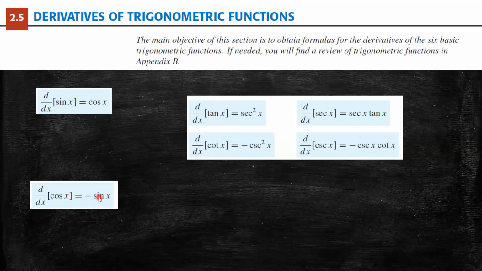The derivative of sine is cosine, but the derivative of cosine is negative sine. The derivative of tan is secant squared. The derivative of cotan is negative cosecant squared. The derivative of secant is secant tan, and the derivative of cosecant is negative cosecant cotan.